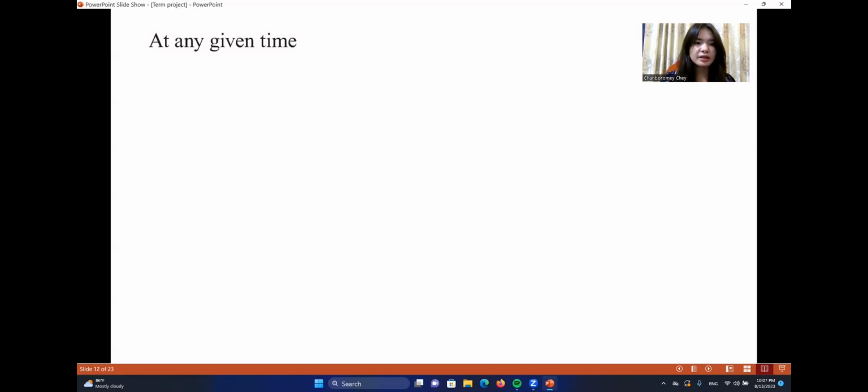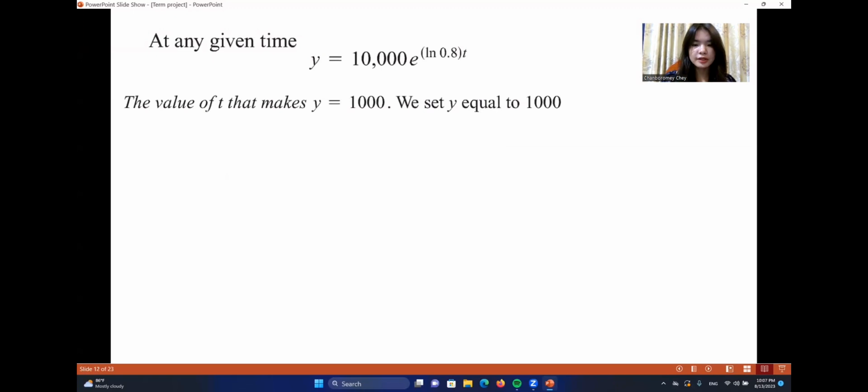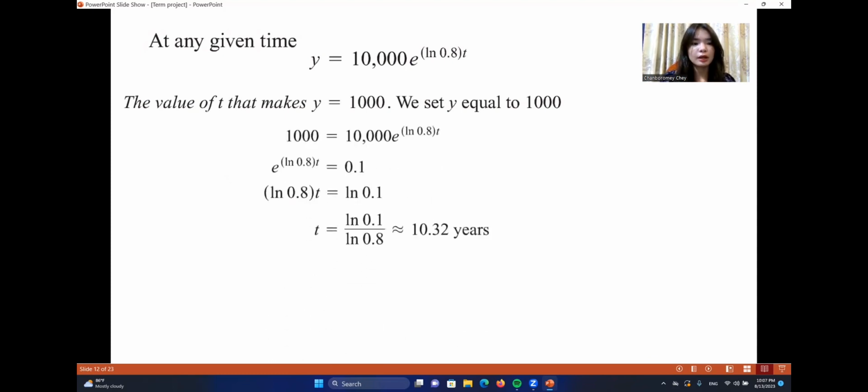And then at any given time, y = 10,000 e^(ln(0.8) t). The value of t that makes y equal to 1,000: we set the equation to 1,000. So 1,000 = 10,000 e^(ln(0.8) t).